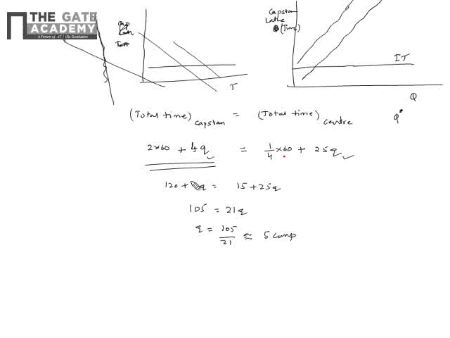Let's say 4 components: the center lathe will take 15 plus 25 into 4, which is 100, so 115 minutes, whereas the capstan will take 120 plus 4 into 4, which is 16, so 136.